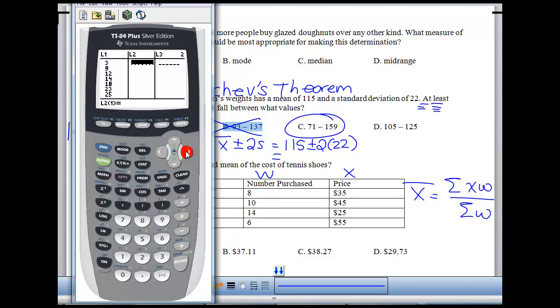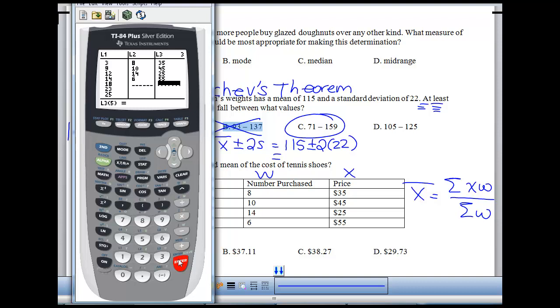So I'll put 8, 10, 14, 6. We've got the numbers there. Note my x values are in L3 and my weights are in L2.